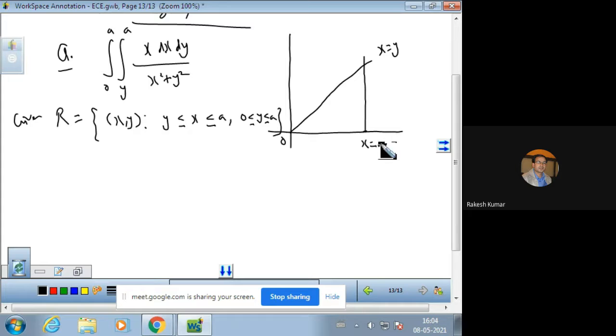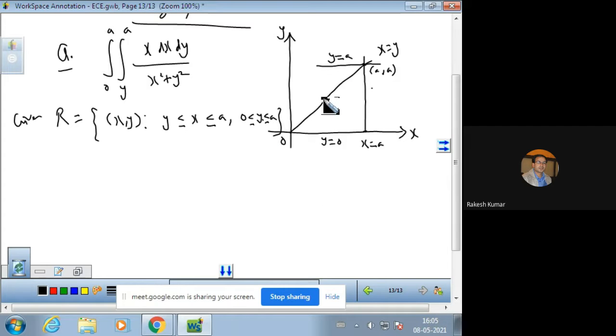This is the point of intersection, the point (a, a). The second one is y equal to 0, which is the x-axis, and y equal to a is a line passing through this point.